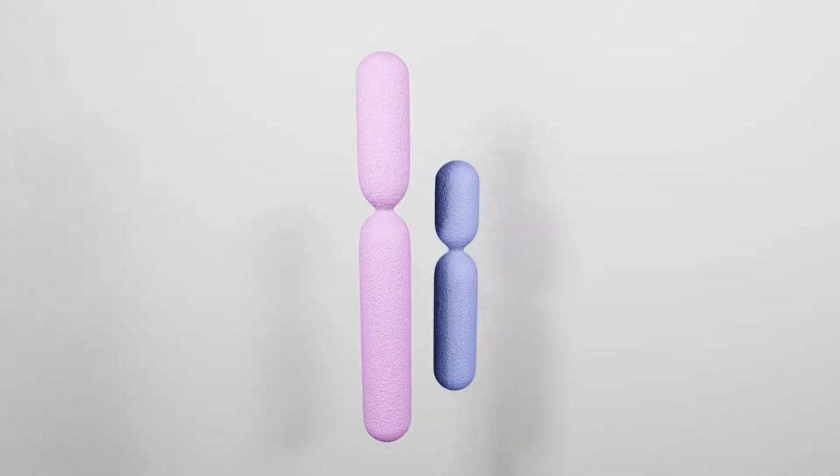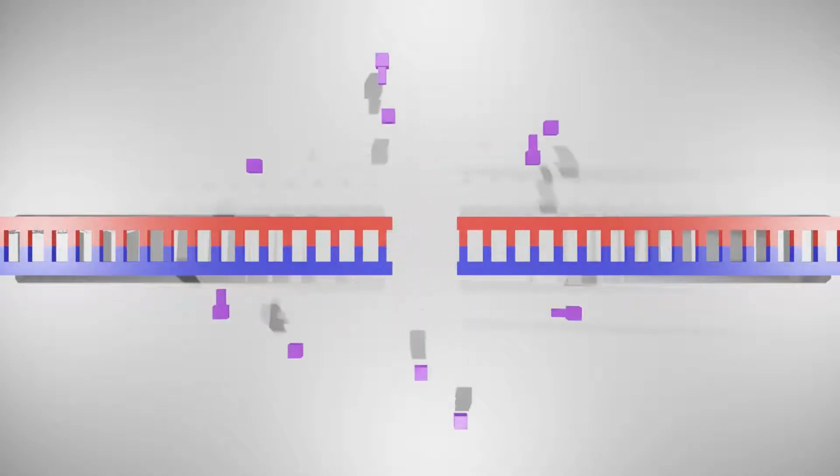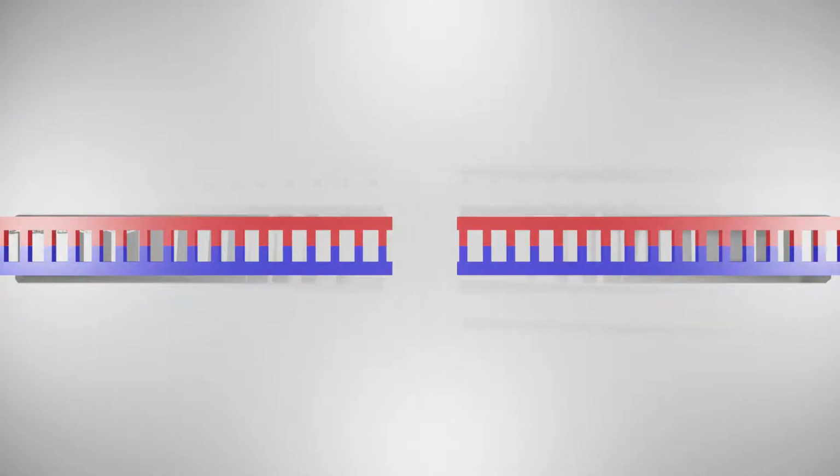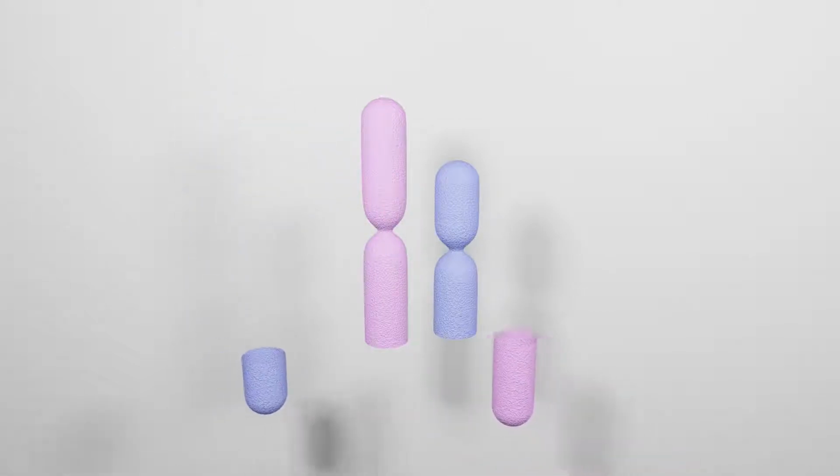Here are two chromosomes, and if we zoom inside this pink one, we can see the DNA, with the damaged DNA bases in purple. This DNA then breaks, leading to the double-strand break. The chromosomes then split into two sections, and each section ends up closer to the opposite chromosome.